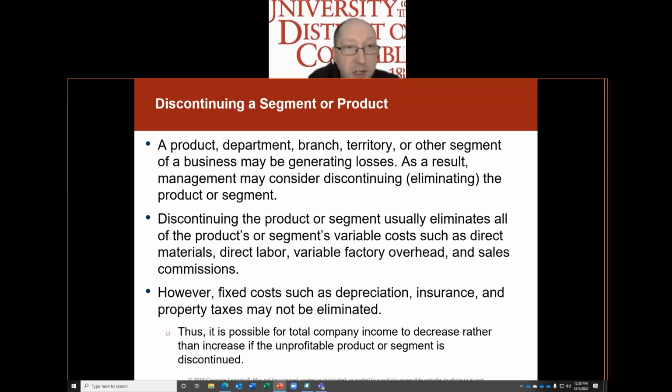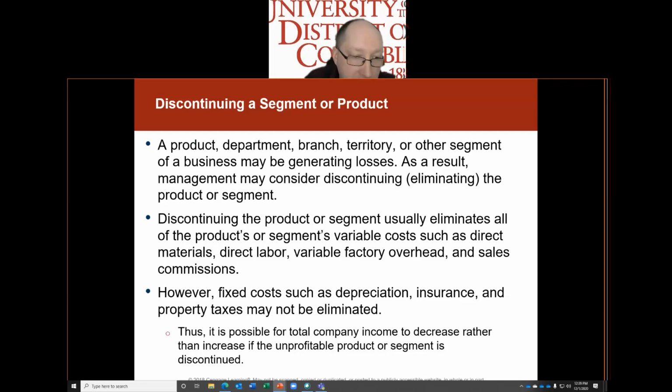What about the decision to discontinue a segment or a product? Sometimes we make decisions to eliminate a segment or a product because it is no longer profitable, or it's what we call obsolete. It's been replaced by a newer product, or whatever.